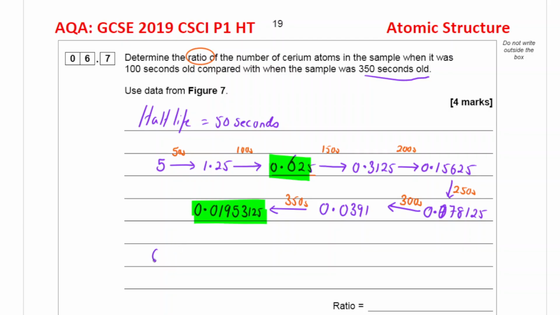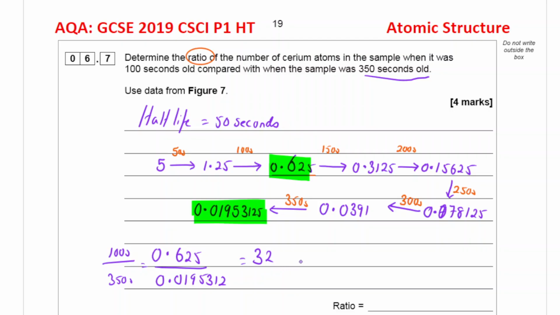So if I divide 0.625, which is for 100 seconds, by 0.019531, that gives me 32.00008.